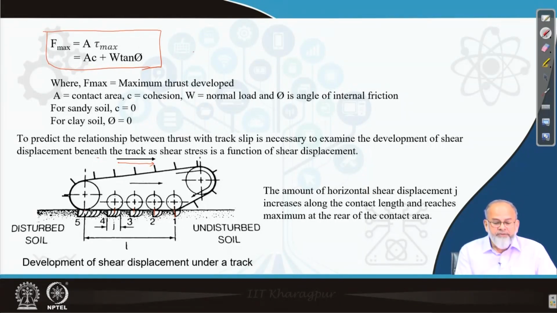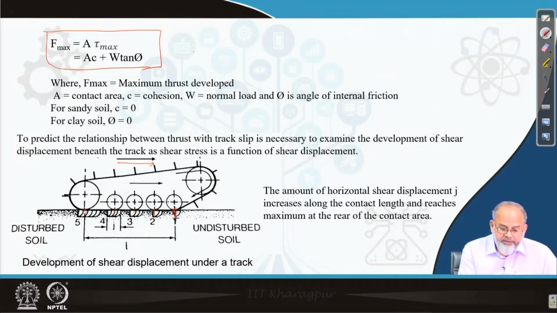Why is there a variation in this shear displacement? Because the link which is shearing at point 1 is just coming in contact with the soil, whereas the links present at point 2, point 3 or point 4, link meaning a link in the track, are shearing the soil for a considerable period of time. That's why shear displacement is more as you move towards the rear end of the track. The first point is the beginning point at the front end, and the last point 5 is the rear end.